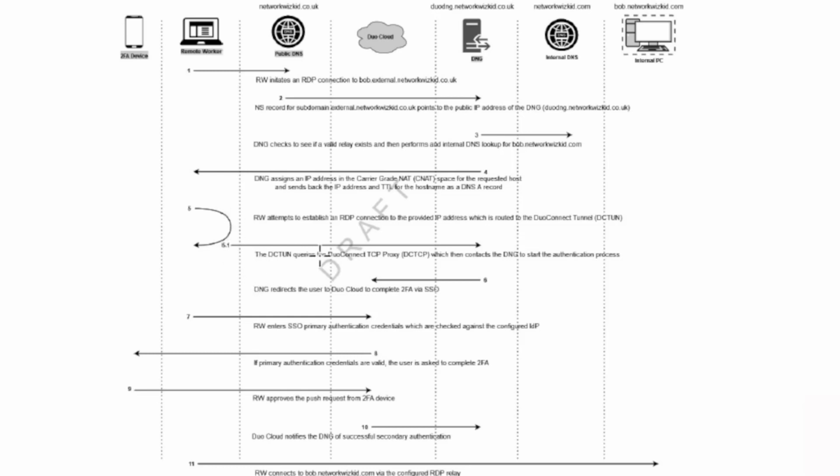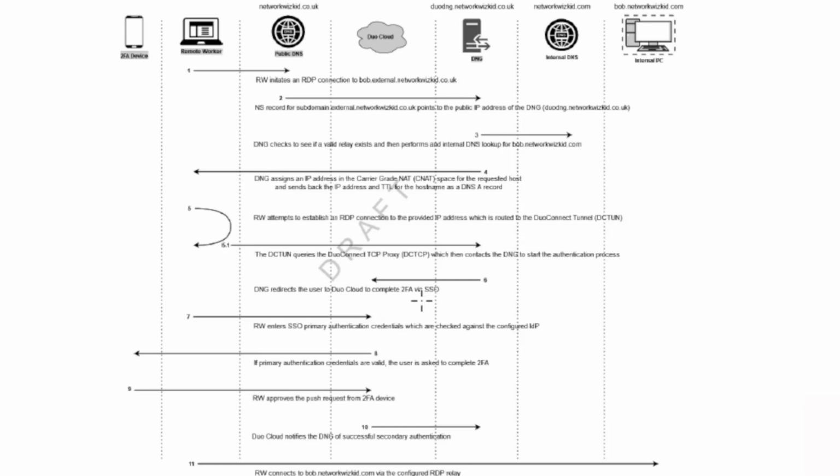From there, the DC tunnel queries the Duo Connect TCP proxy, which then contacts the DNG to start the authentication process. The DNG redirects the user to the Duo cloud to complete the two-factor authentication via single sign-on.